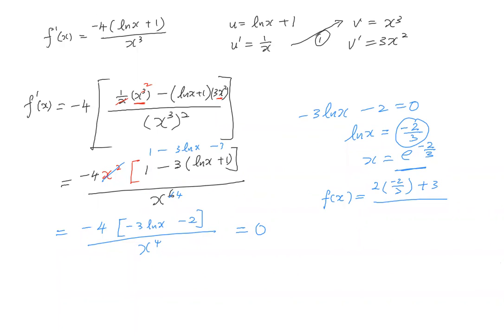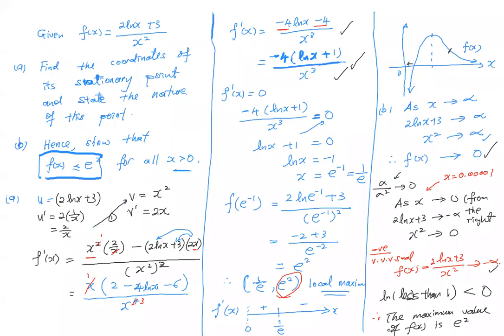So e to the power of negative 2 over 3, power of 2. Then you simplify. Okay. So this will be the inflection point. So this will be the place whereby it is decreasing at the fastest rate. Inflection point, decreasing at the fastest rate. This graph looks like the search function like that.